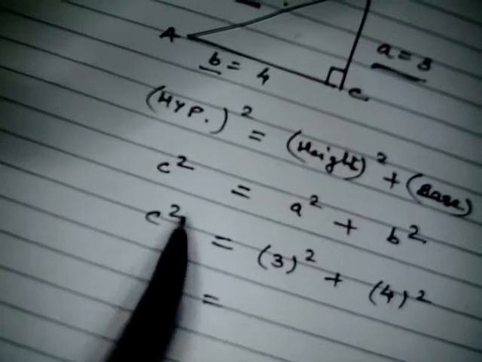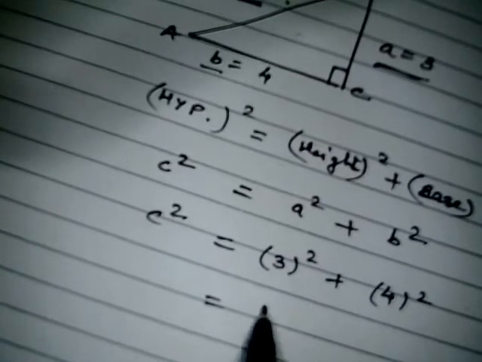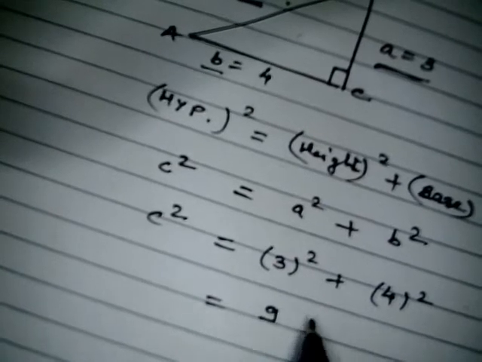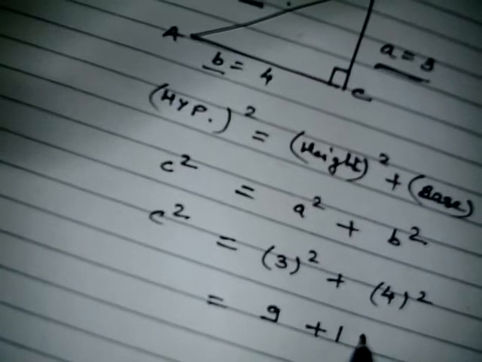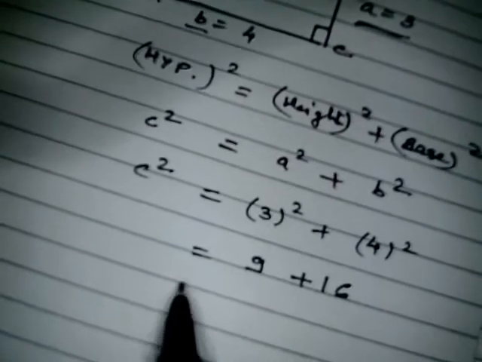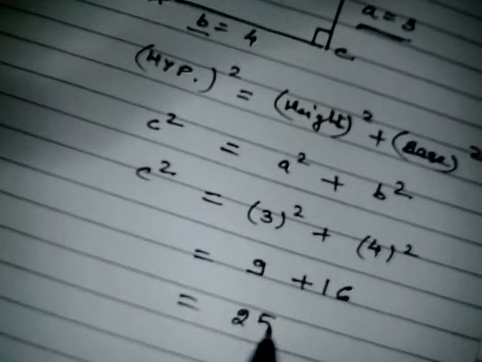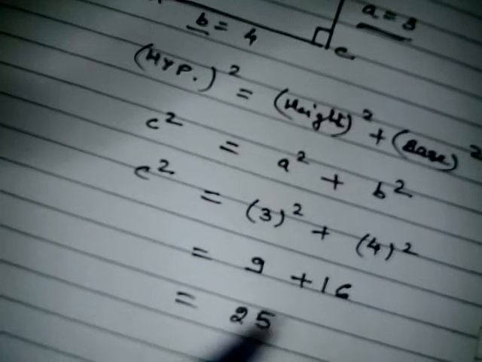3 square means 3 times 3, 9. 4 times 4 is 16. Now you need to add. When you add it, it is 16 plus 9, 25. C square equals 25, so C equals the square root of 25.